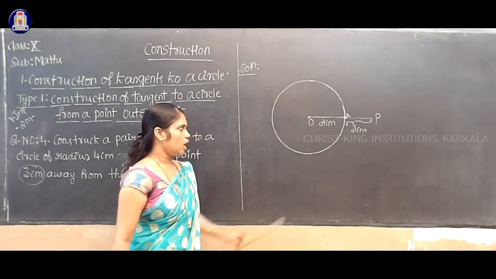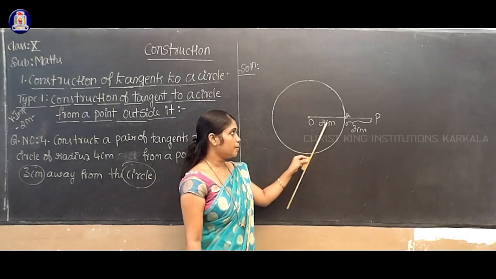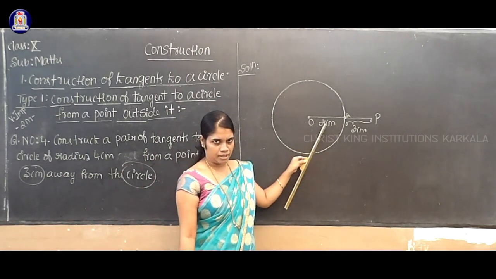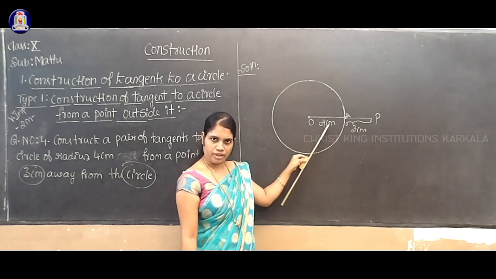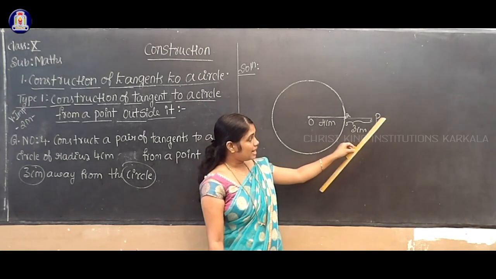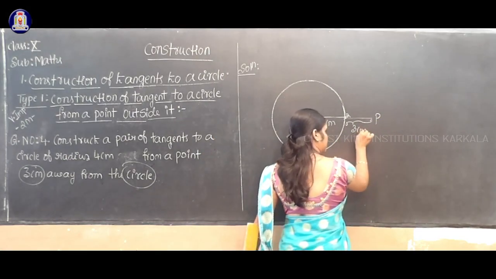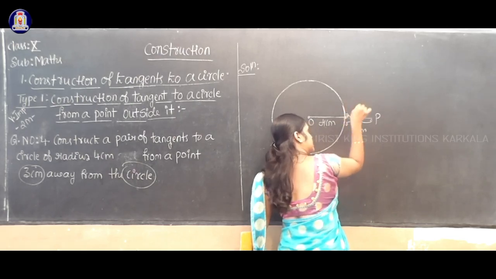See now OQ is your radius. OQ is about how much? 4 centimeter. Next, further you have to consider external point P. That external point P must be 3 centimeter away from the circle.